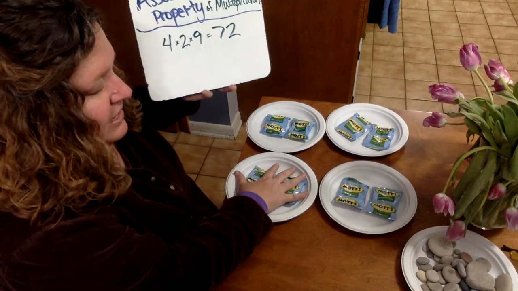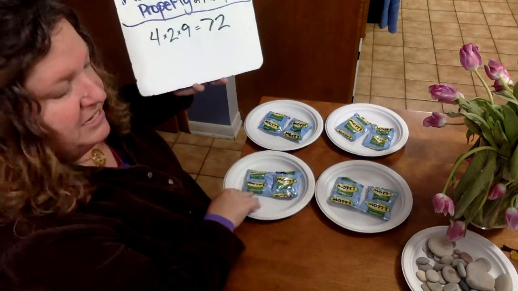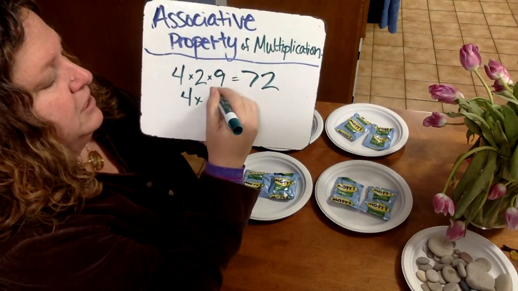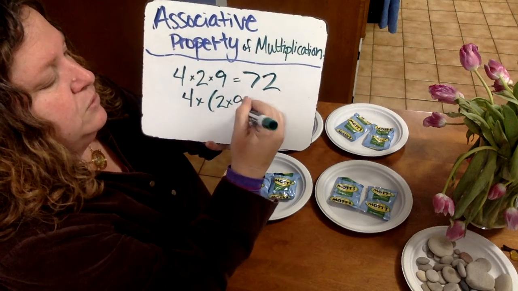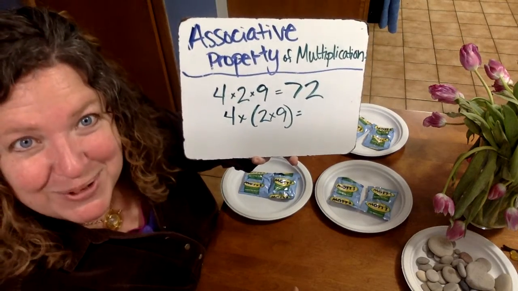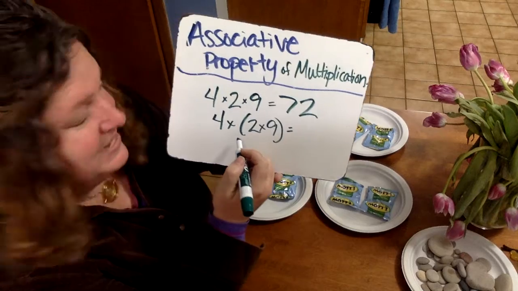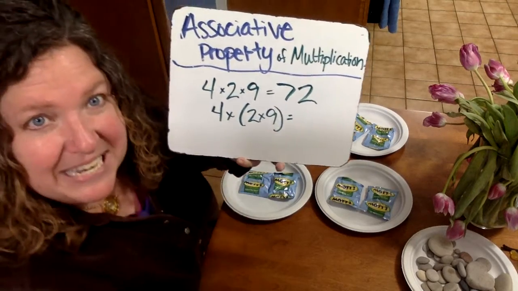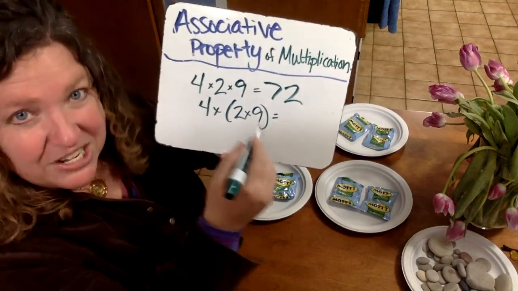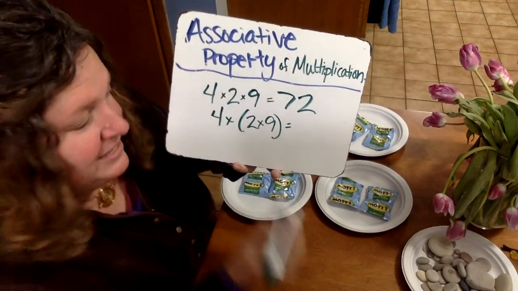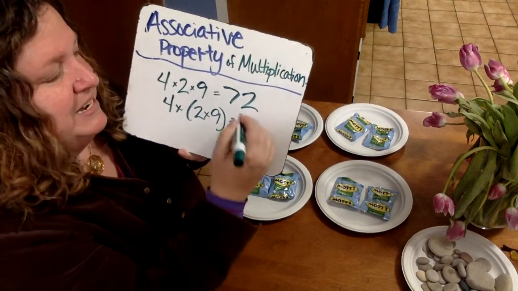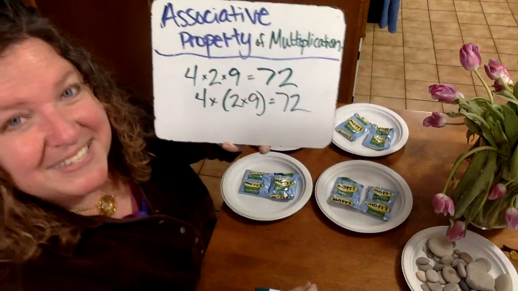So there's 2 groups of 9, 2 groups of 9, etc. What if you said I want to do 4 groups of 2 groups of 9? Could you do that? You could. Now, I'm not as good mentally at saying 4 groups of 18 in this particular problem, but in some problems you'll encounter, it actually makes it easier to do it that way. This time, 4 groups of 18 for me mentally is harder, but 4 groups of 18, it's still 72.